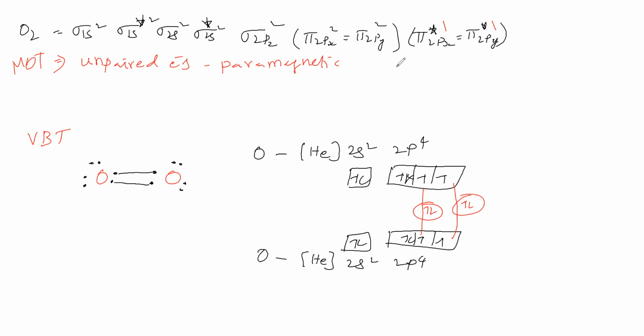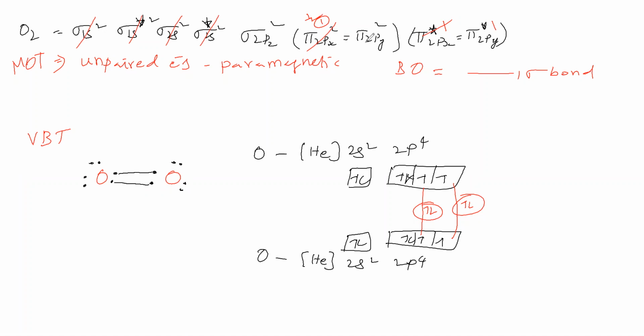Now we'll see the bond order of O2. Sigma 1s and sigma star 1s cancel, sigma 2s and sigma star 2s cancel. Then sigma 2pz forms one sigma bond. Then pi 2px has 2 electrons and pi star 2px has 1 electron, so one cancels, and the remaining one forms a half bond.